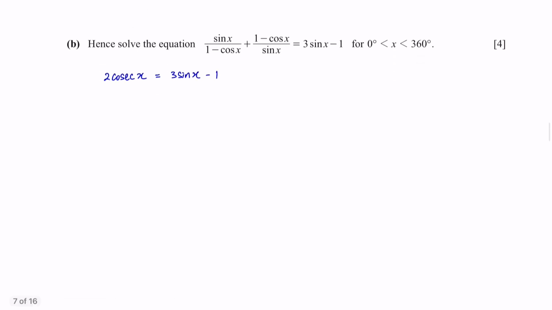And now we can start solving the equation. So 2 cosecant x is actually 2 over sine x, and we have 3 sine x minus 1 on the right side.